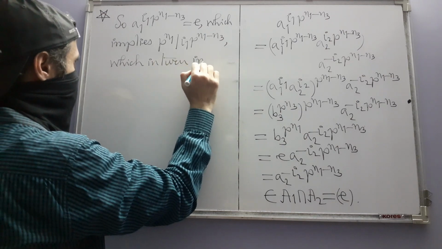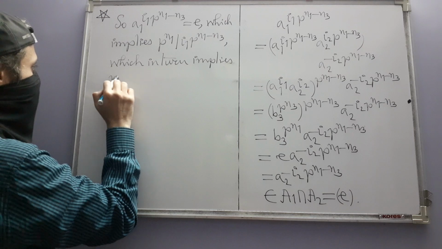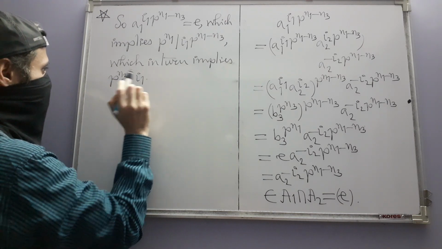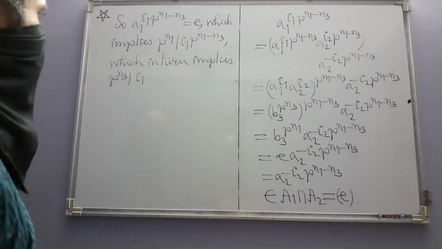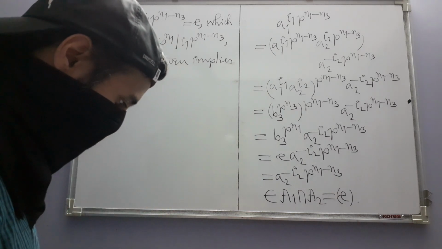Which in turn implies that p to the power n3 divides I1. Alright, I forgot the previous divisibility relation.